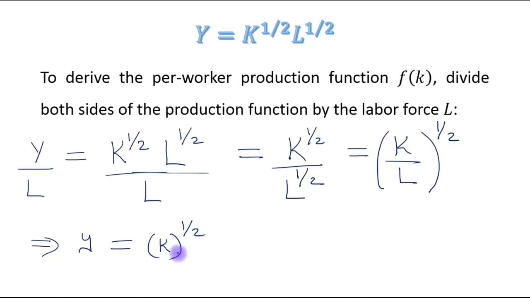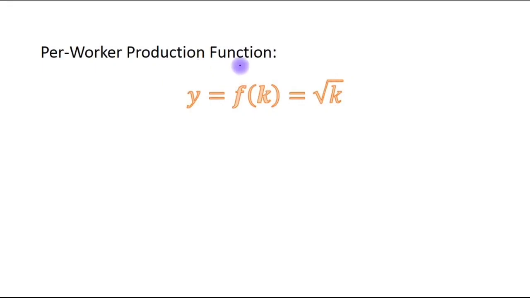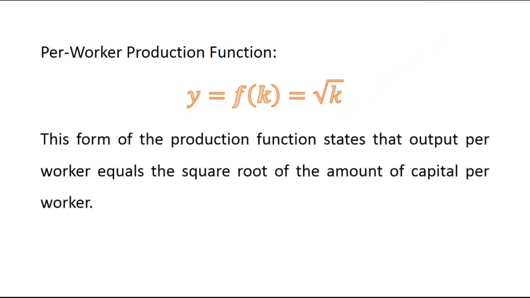So output per worker equals capital per worker raised to the power half, that is square root of k. The per worker production function is y equals f(k) equals root k, where y denotes output per worker and k denotes capital per worker. This form of the production function states that output per worker equals the square root of capital per worker.